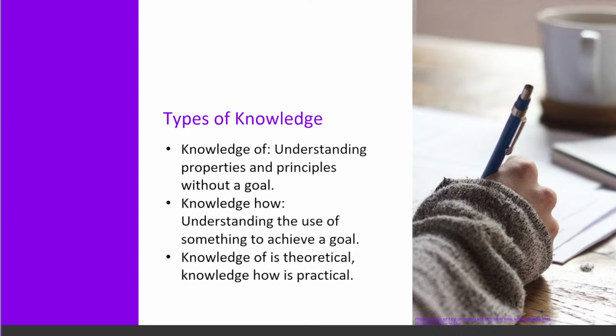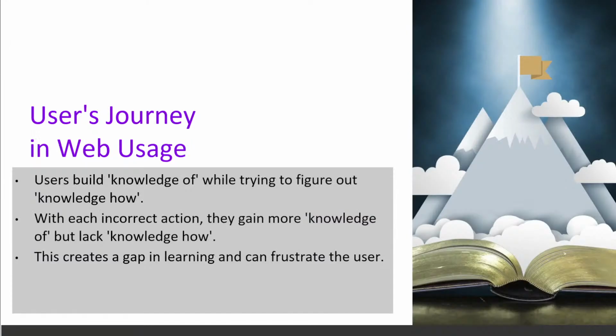And so what that does is that bridges off the road on the user's web journey. Right, and so we have one branch that's going down the trial and error side here. And with each trial, they gain a little more knowledge of, right? Because you try and you fail and you learn.